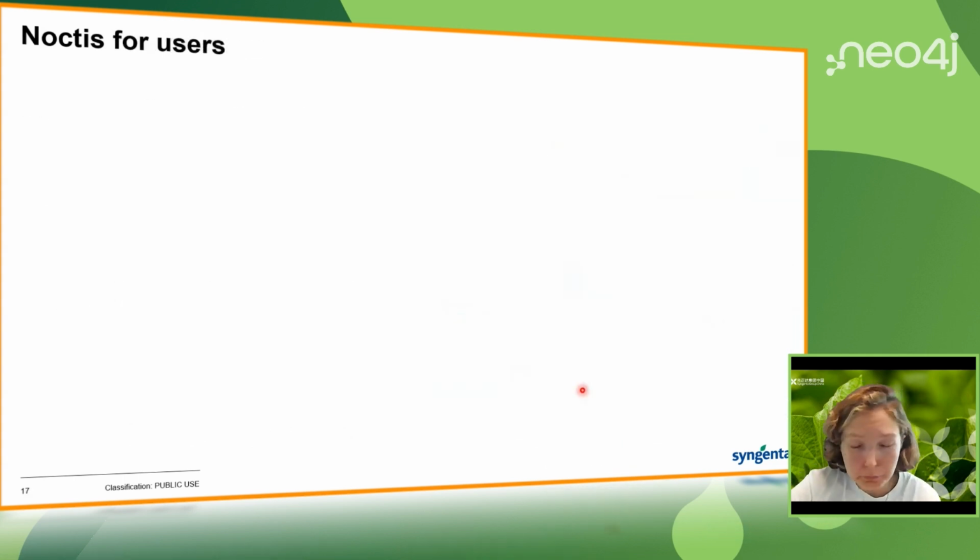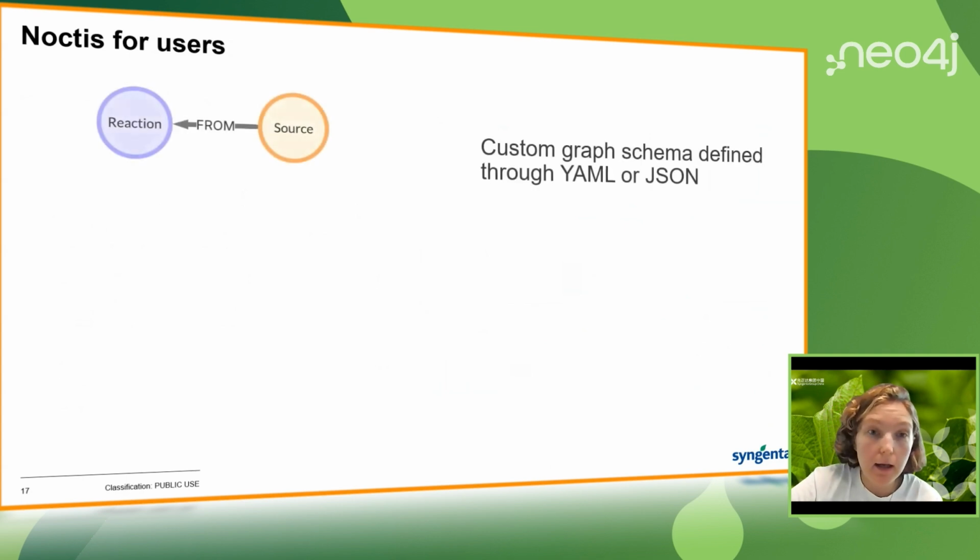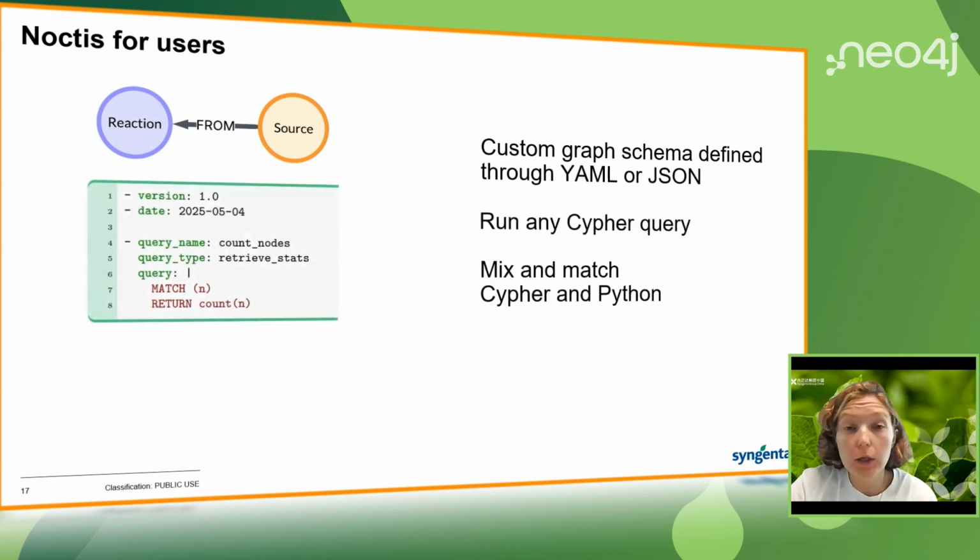And another point I want to make is that when we were building Noctis, we were thinking about users, and it has a customizable graph schema, which you can define on top of the base schema through YAML or JSON. You don't need to recompile anything, you can just add your YAML and run it straight away. Also, you can run any Cypher query which you can run in Neo4j browser.